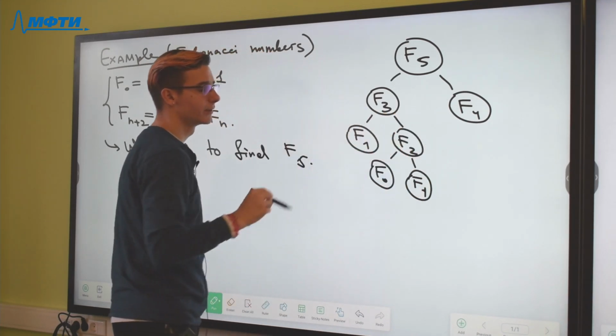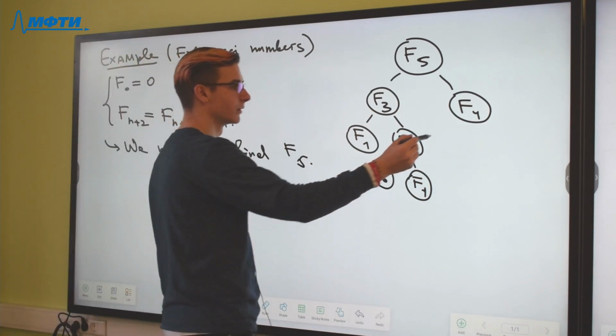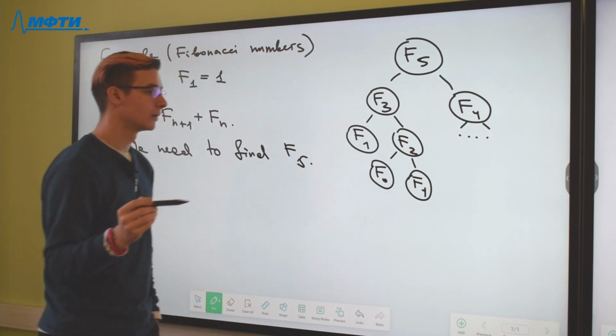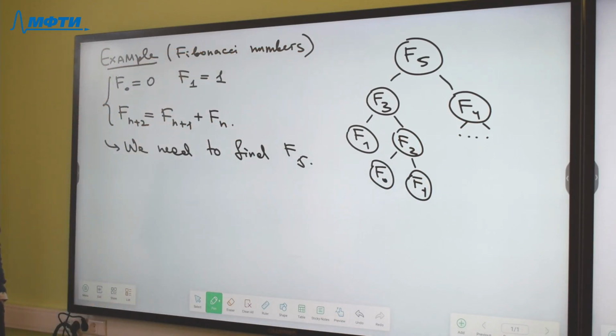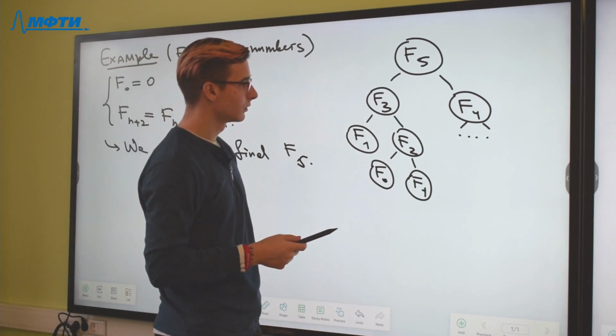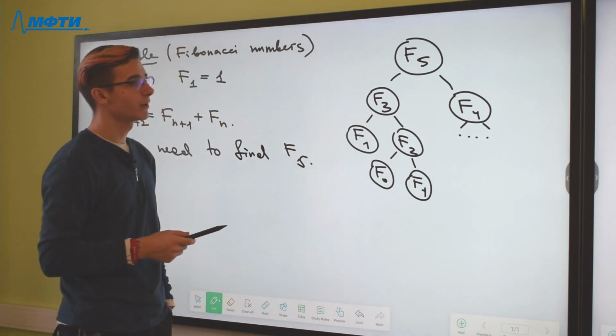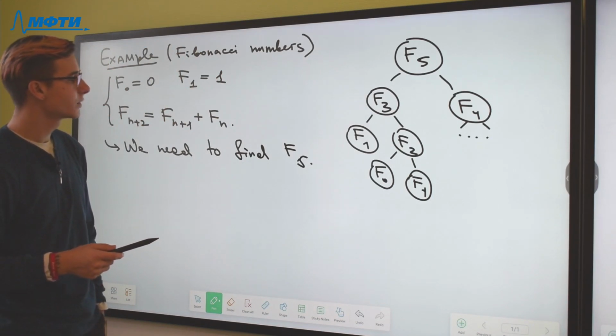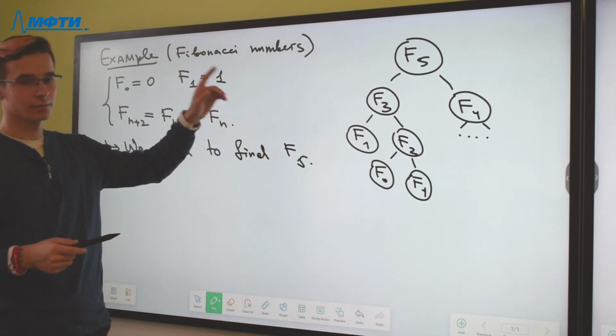And we repeat this algorithm for this part of the tree. And we see that, for example, for f with index 5, what is the number of subtasks that we need to solve?